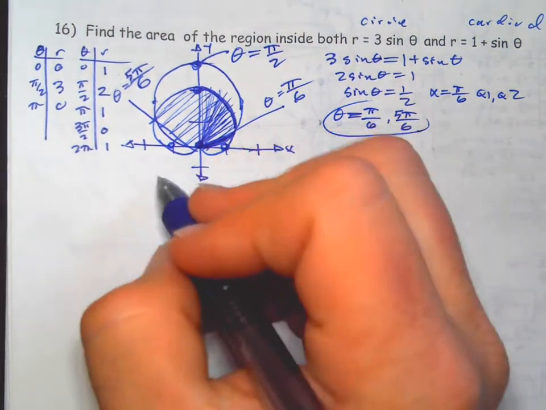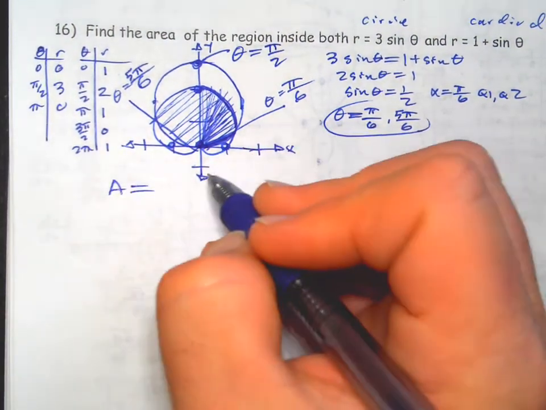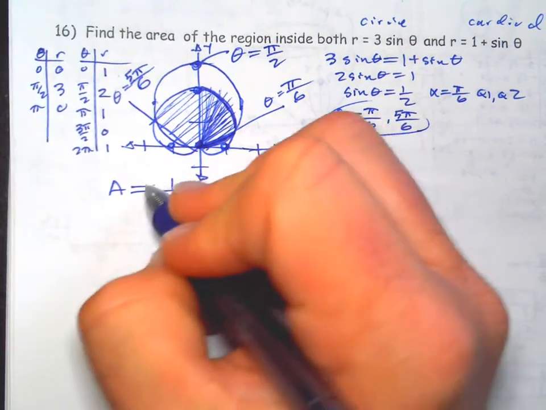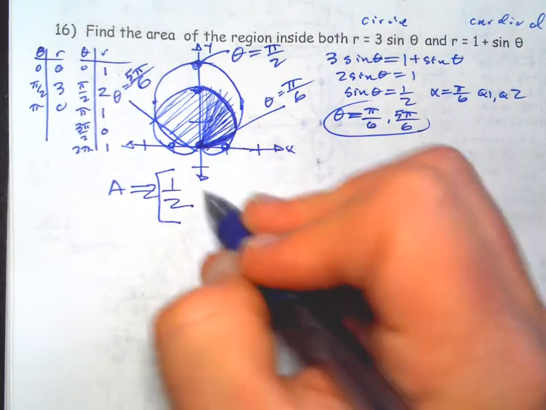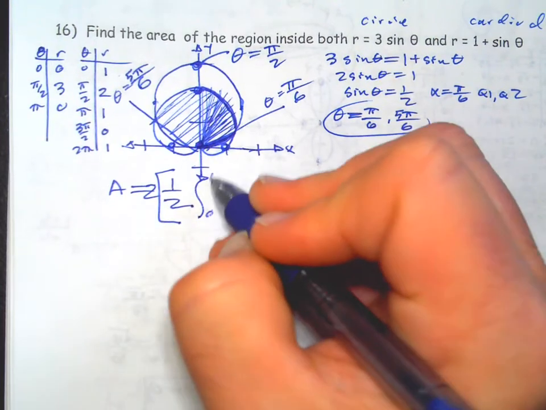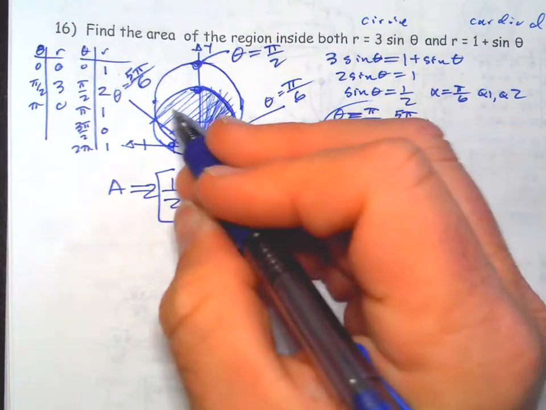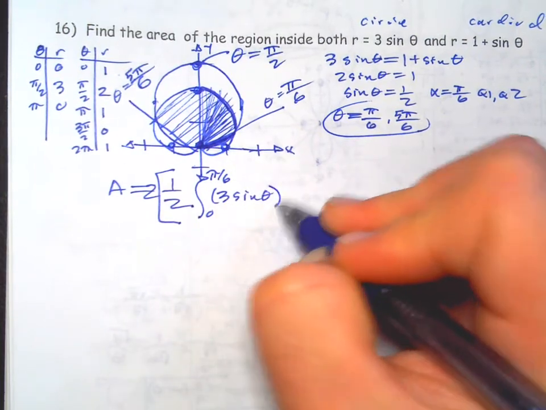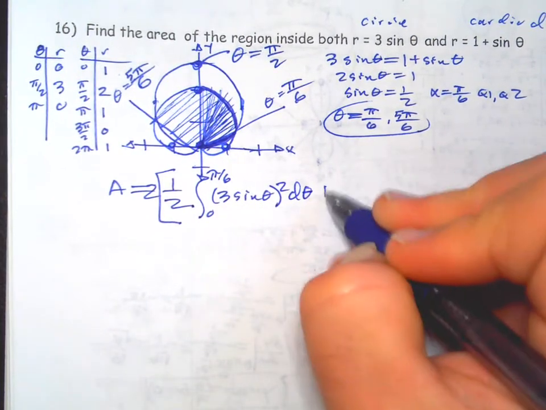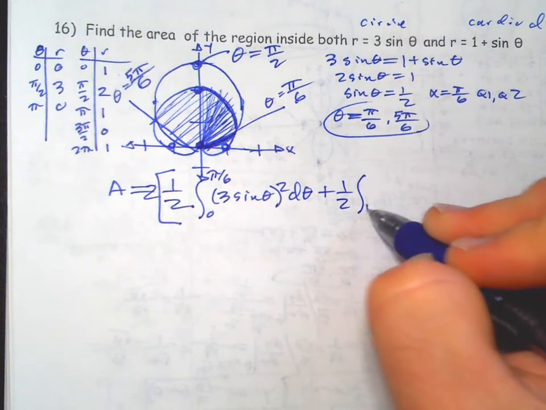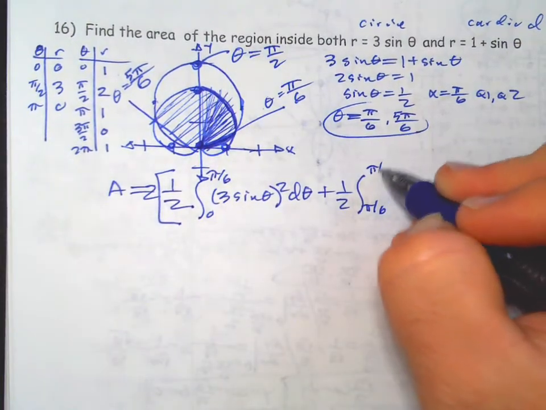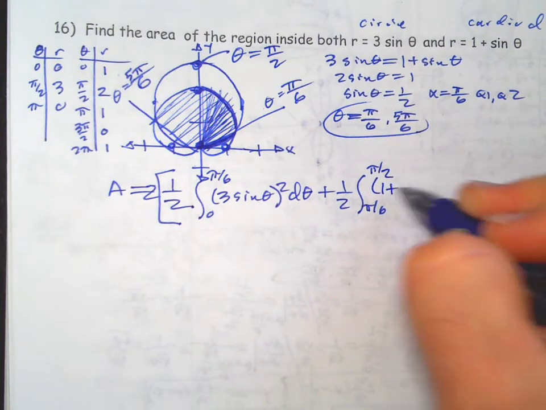So my strategy here is we're adding two areas up, right? We're going to do 1/2, and we're going to double it. We're going to do that one, 0 to pi over 6, and that's of the circle. That one's the 3 sine theta squared. And then we're going to do the other one, starting at pi over 6, going to pi over 2, and that's the cardioid.